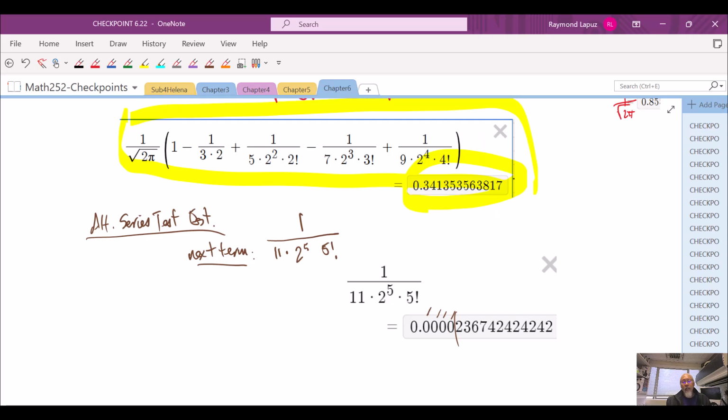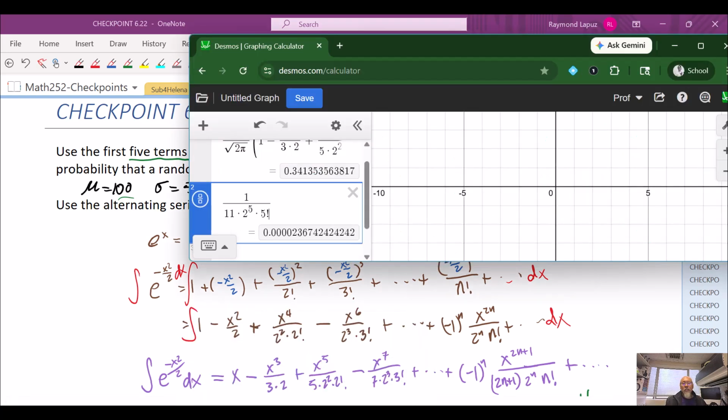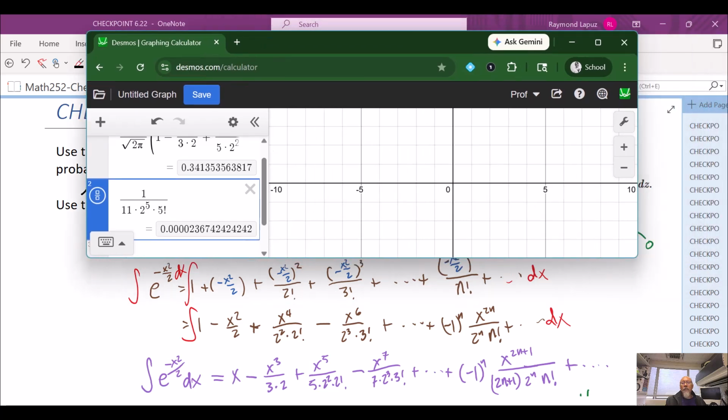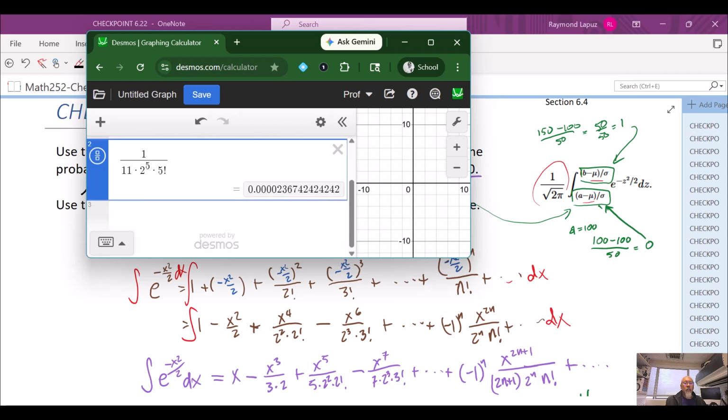Now, one more thing to check. We can actually use this formula to figure out the exact value, just to check. So let's do that. I'm going to shrink this a little bit so we can see the integral.